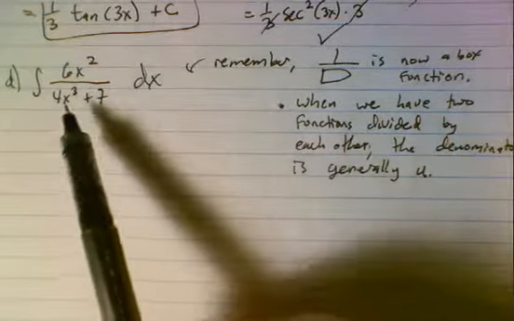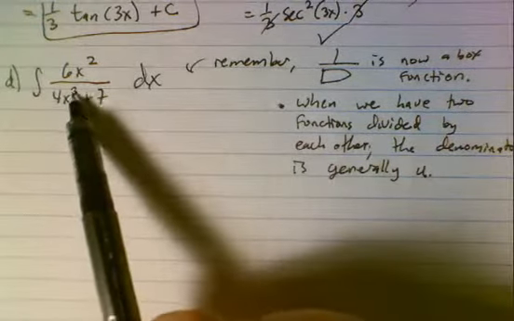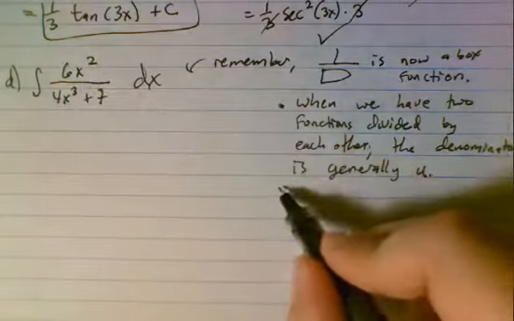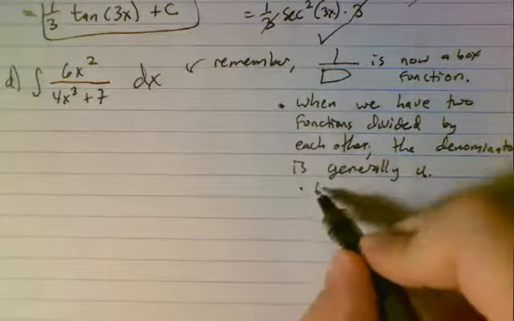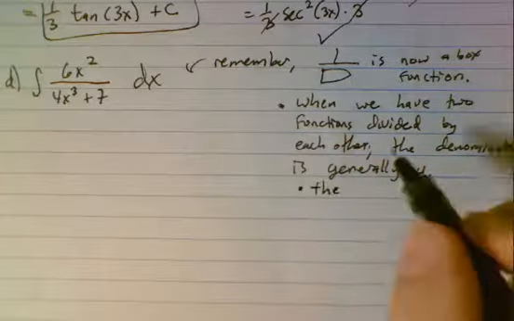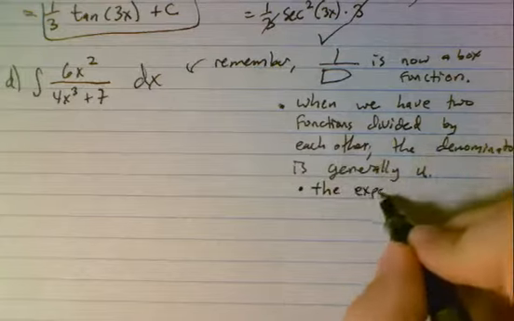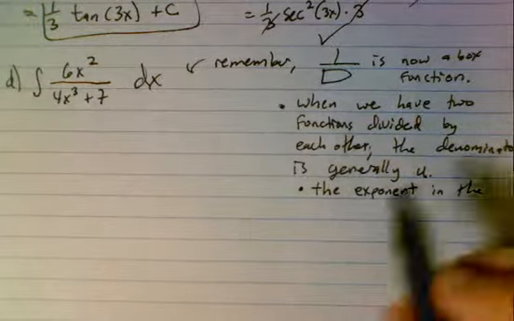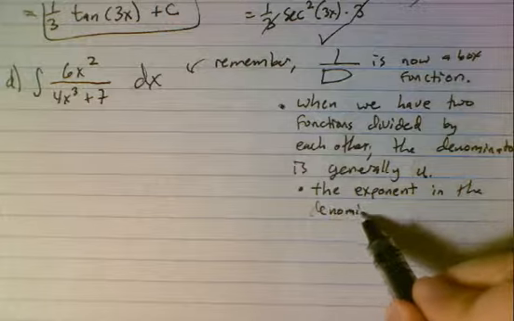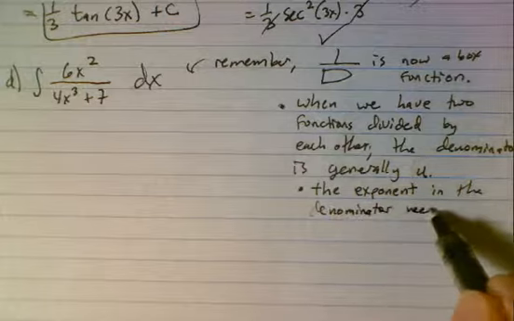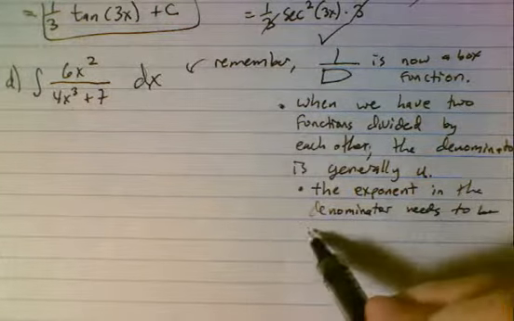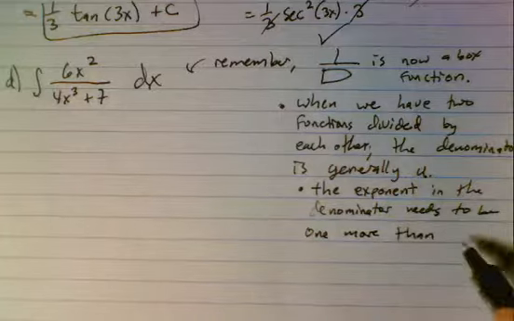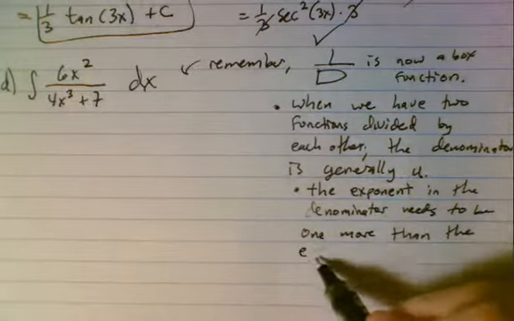In order for this to work, this exponent needs to be 1 bigger than this exponent, however. So the exponent in the denominator needs to be 1 more than the exponent in the numerator.